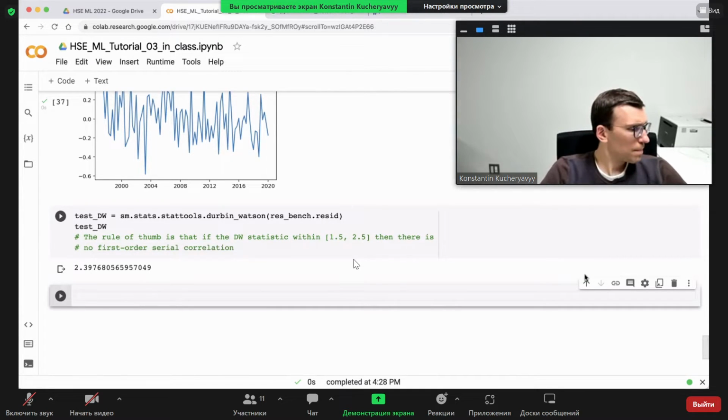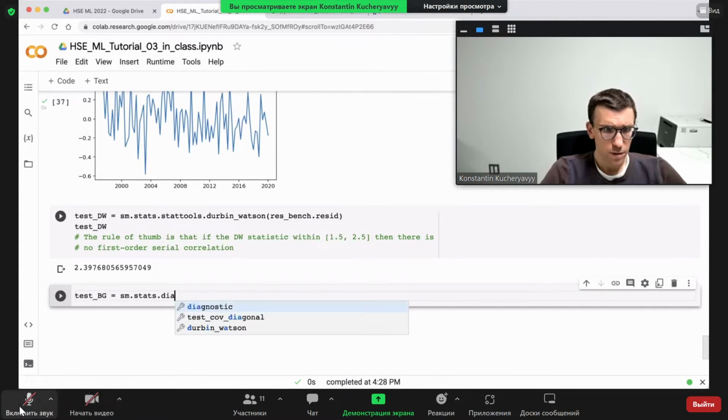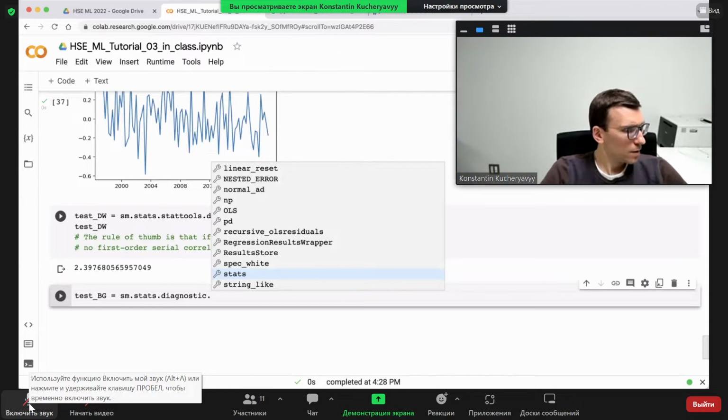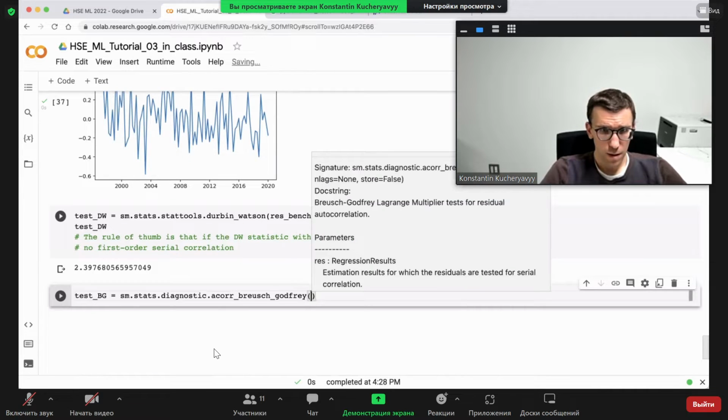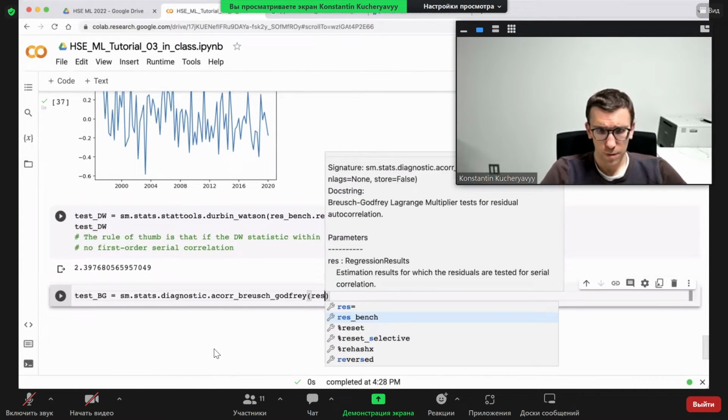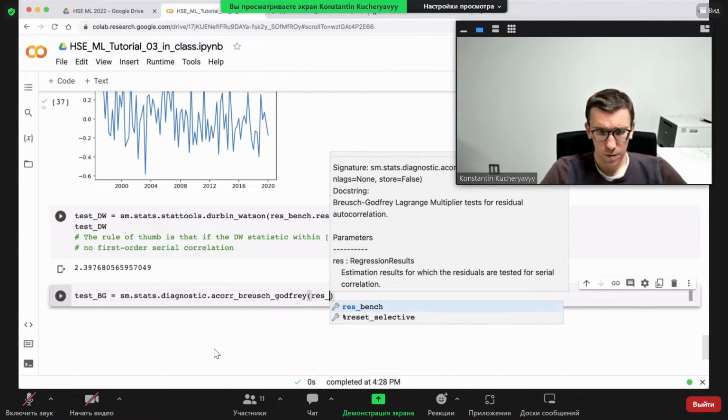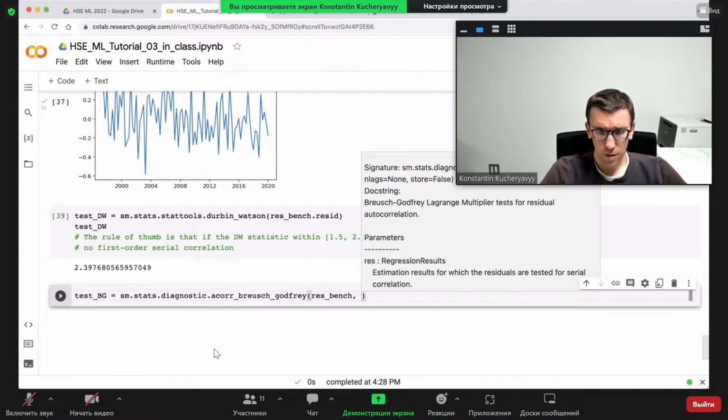And then test BG, that's diagnostic, res benchmark, and then we need the number of lags here.